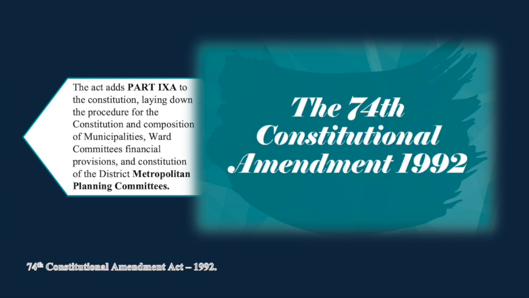These committees will decide what measures have to be taken for the betterment of the urban local government. So whenever we study urban local government, without studying the 74th Constitutional Amendment of 1992, we will not be able to complete the entire subject or entire detail about urban local government.